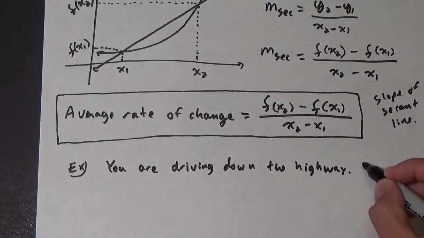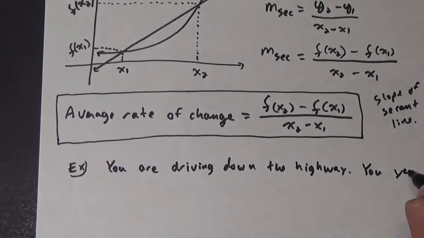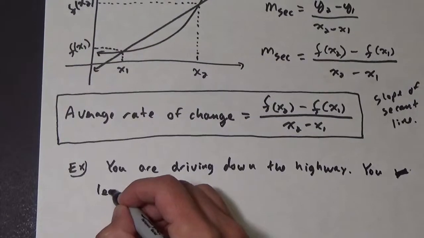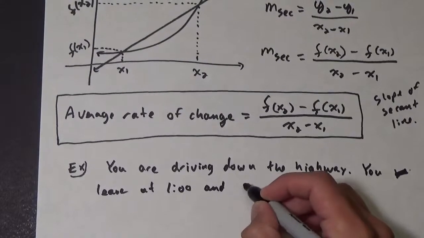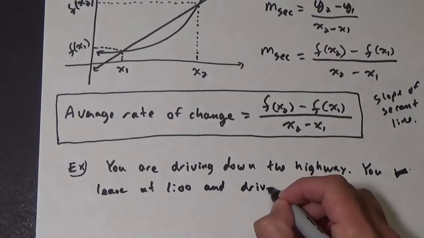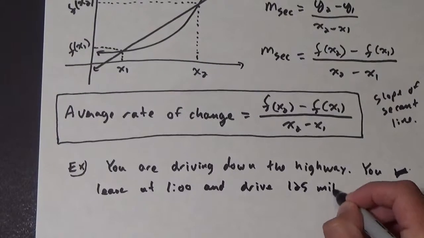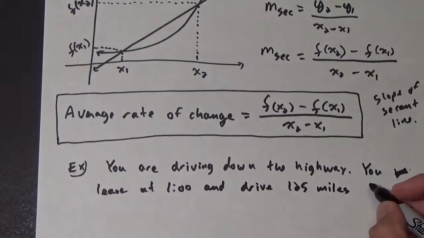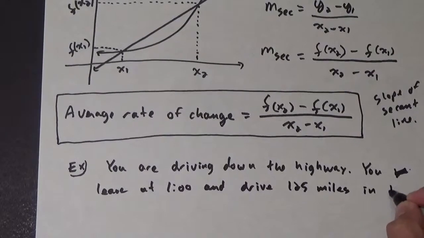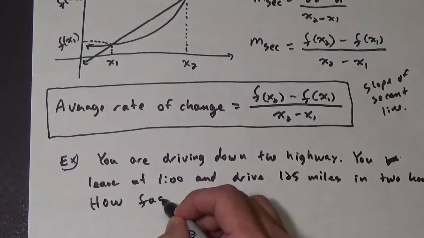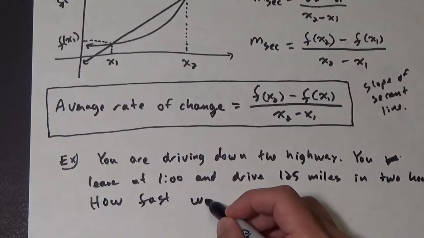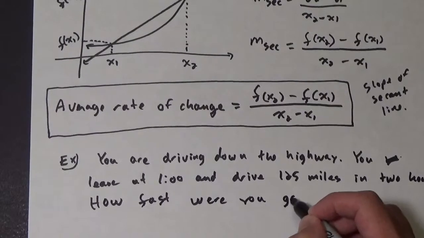You leave at 1 o'clock and drive 125 miles in 2 hours. How fast were you going?